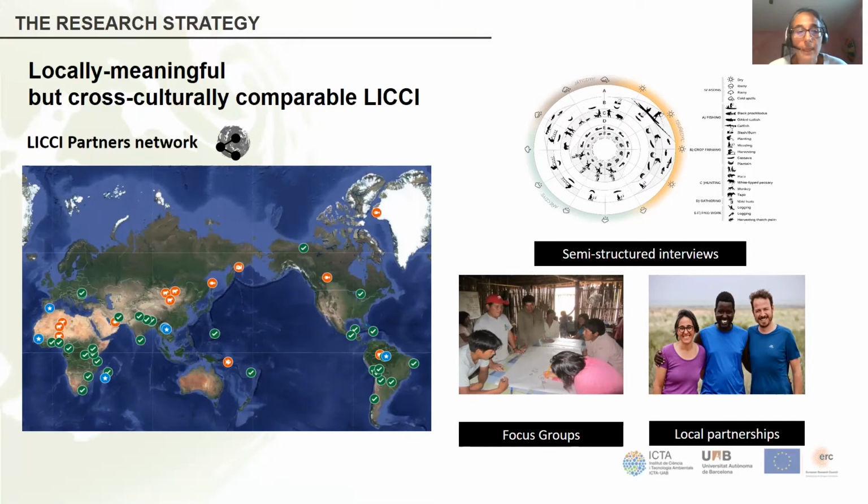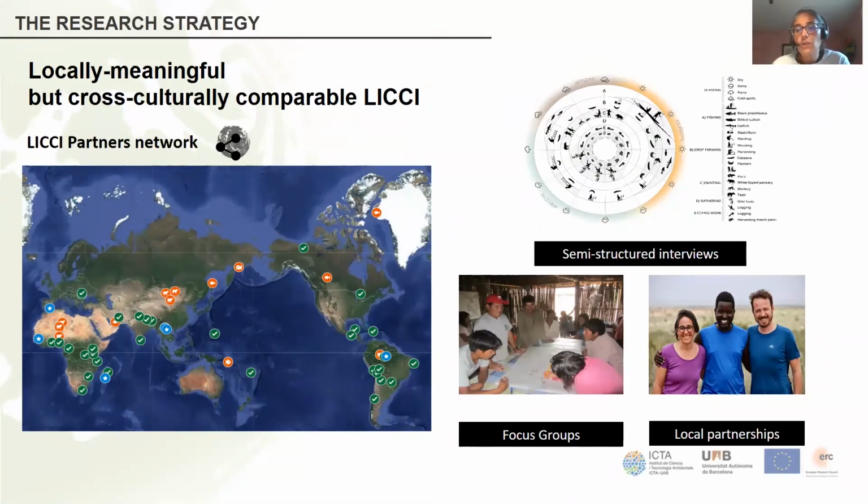So we have done a big effort, like 6 months of testing and trying different ways of collecting information, because we wanted to create a method that provides data that is locally meaningful but cross-culturally comparable. So you could use the same method in the desert and in the Arctic, but still the information it gives can be put together in a single database.